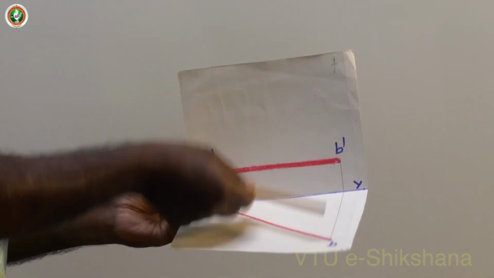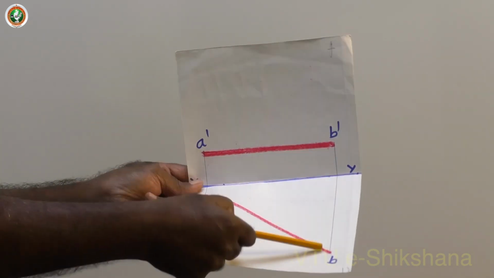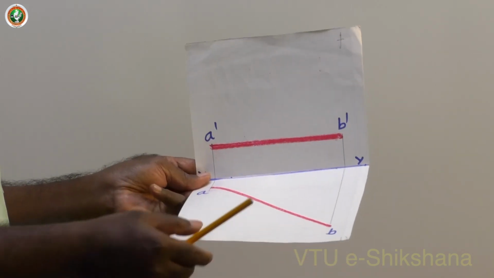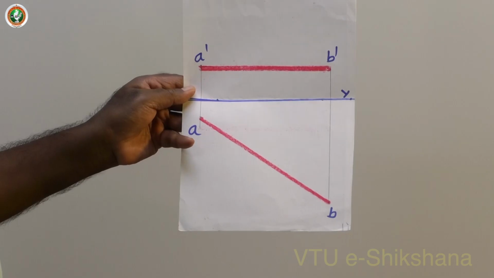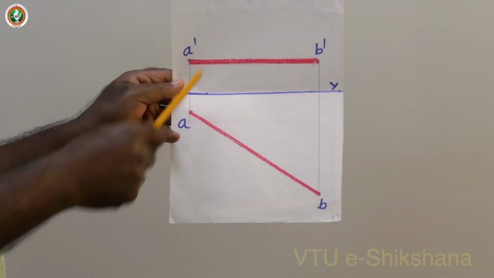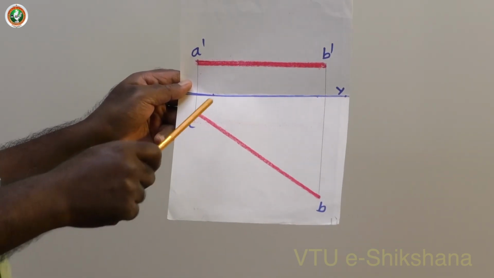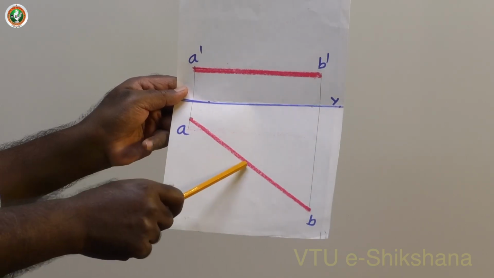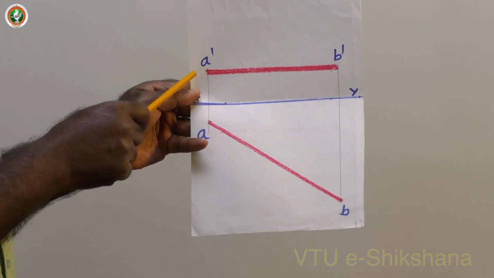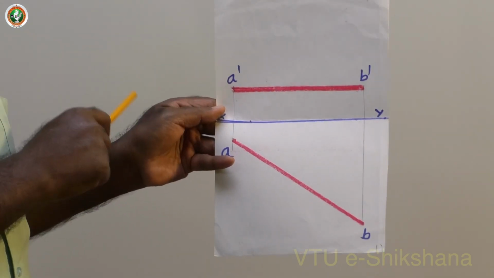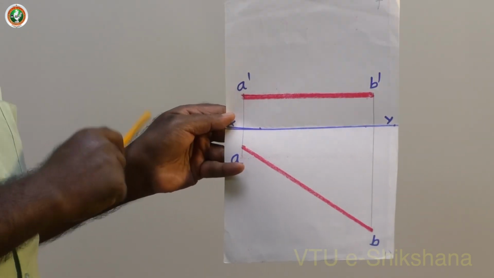What is top view? It is true length, AB. AB is top view, A dash B dash is front view. Now let me rotate and get the final projections. This is A dash B dash and this is AB. The line AB is inclined to VP and parallel to HP. One end of the line is 20 mm above HP and 15 mm in front of VP.